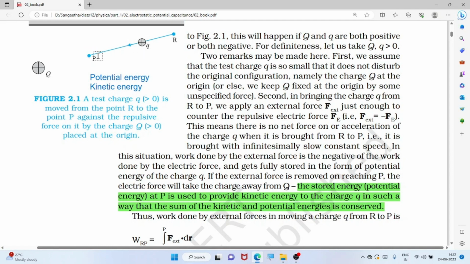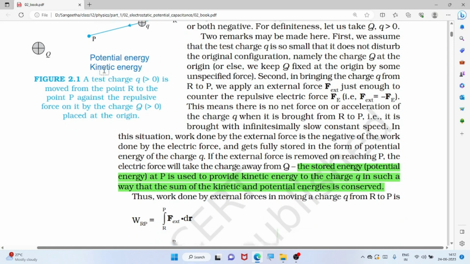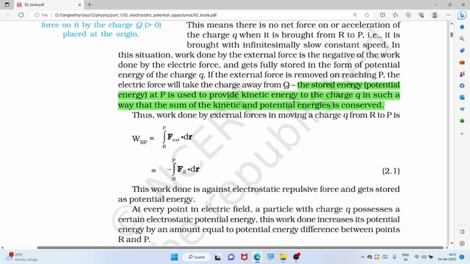When you release the charge, the charge moves, gaining kinetic energy. That is, that potential energy is converted into kinetic energy. So the stored potential energy is used to provide the kinetic energy for the charge Q in such a way that the sum of the kinetic and potential energy is conserved.